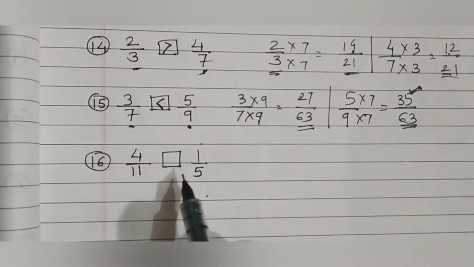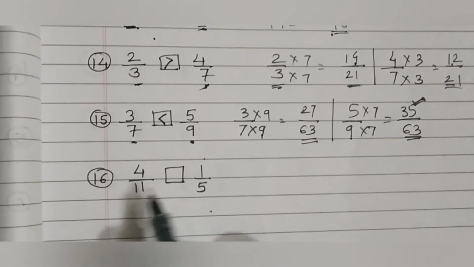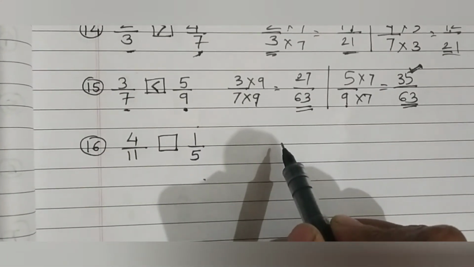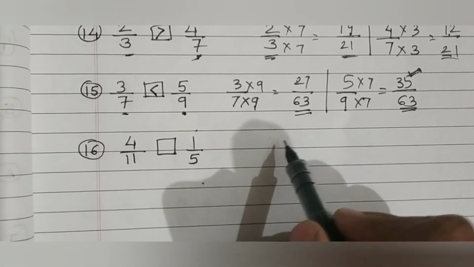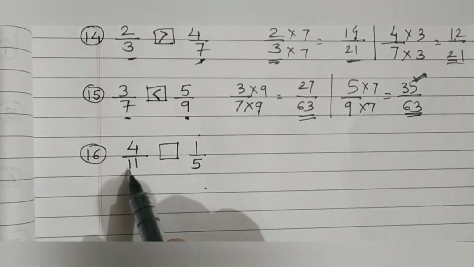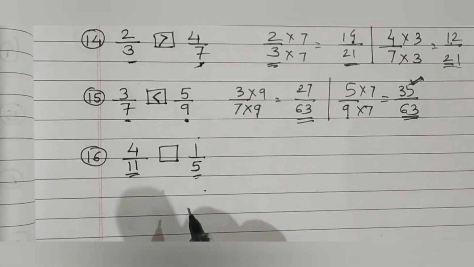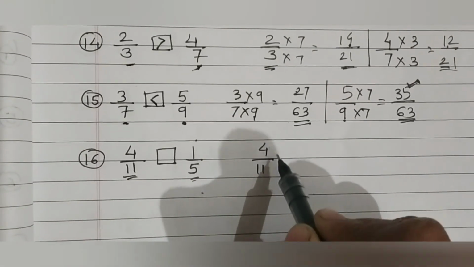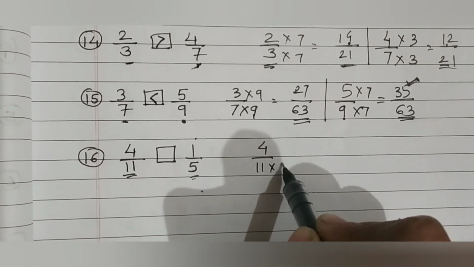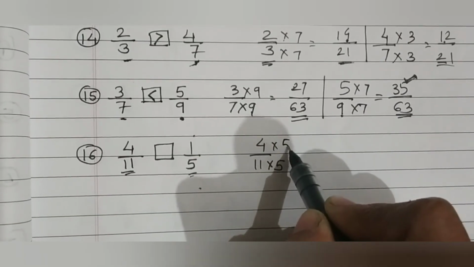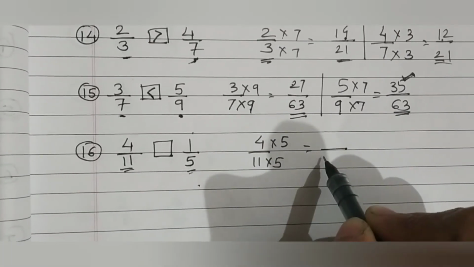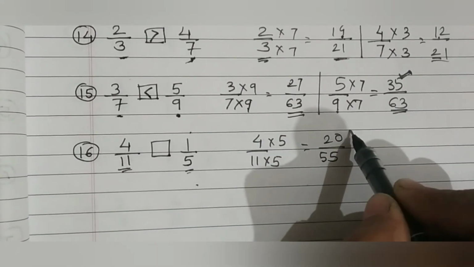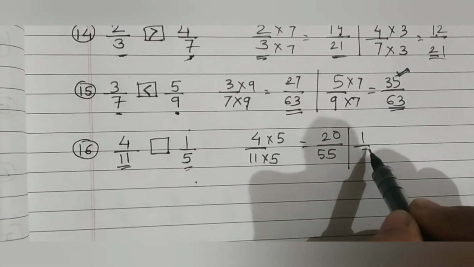Then 4 upon 11 and 1 upon 5. Here also no same numerator, no same denominator. So let's multiply these numbers so that we can make same denominators. Okay, if I multiply 4 by 11 by 5, I will get here 55, right? And here 20. Next number is 1 by 5.